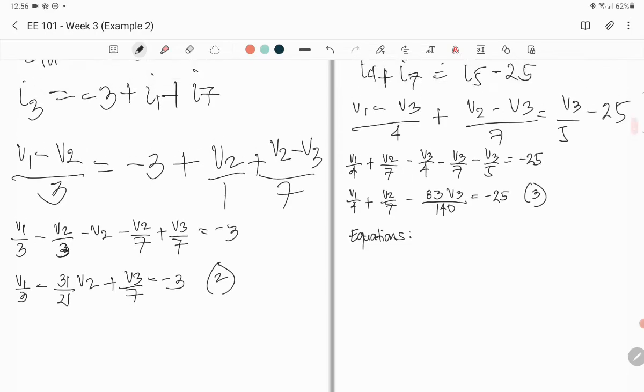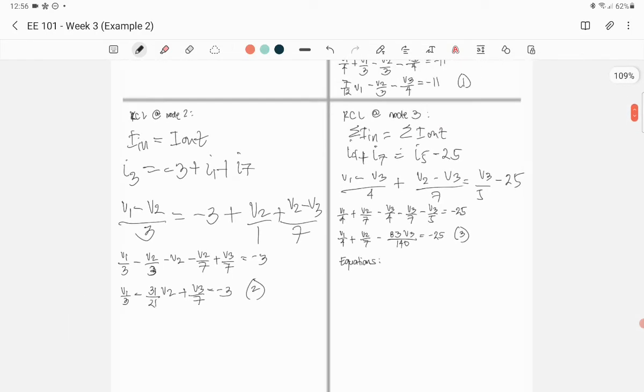So for equation 1, we have 7 over 12 v1 minus v2 over 3 minus v3 over 4 is equal to negative 11. Our second equation, we have v1 over 3 minus 31 over 21 v2 plus v3 over 7 is equal to negative 3.